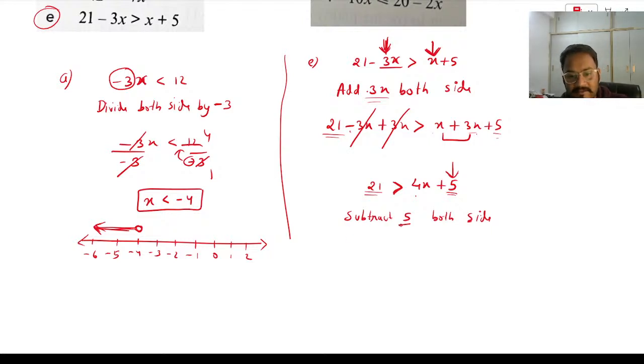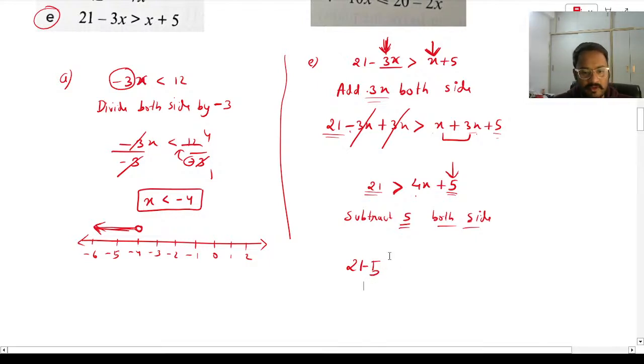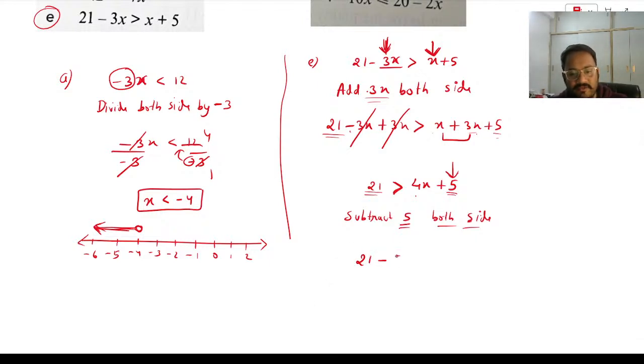So by subtracting 5 both sides, what generally happens is 21 minus 5. Okay, I'll write it again. This is not looking good. So I will write 21 minus 5 because we need to subtract, which is greater than 4x, and then plus 5, and then again minus 5.